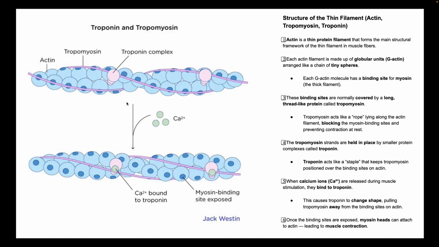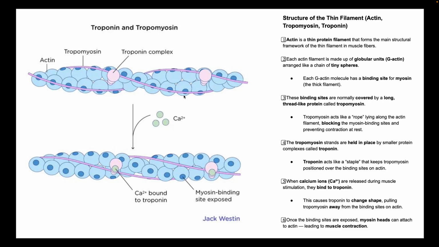So how will contraction occur? For contraction to occur, we need to pull away the pegs or staples, I'm talking of the troponin. You need to pull away the troponin, and the troponin will then pull away the tropomyosin so that the binding sites will be exposed.